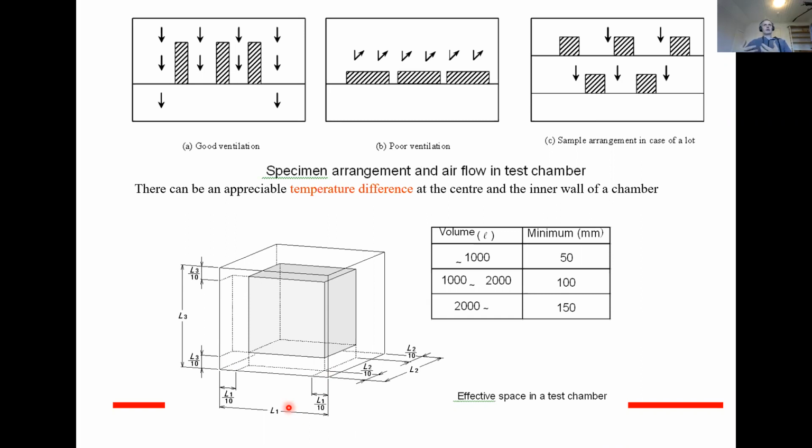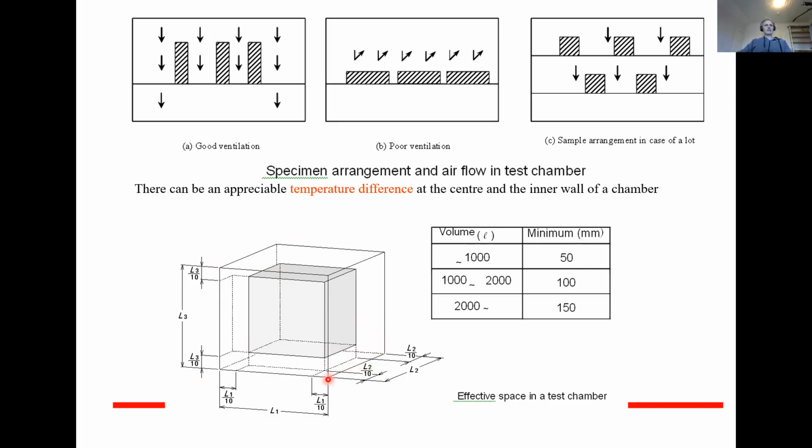So also you want to make sure that the running of the equipment does not create any hotspots. Therefore, here in the standard, it is defined what is the actual volume where you can put your sample with respect to the real test volume.